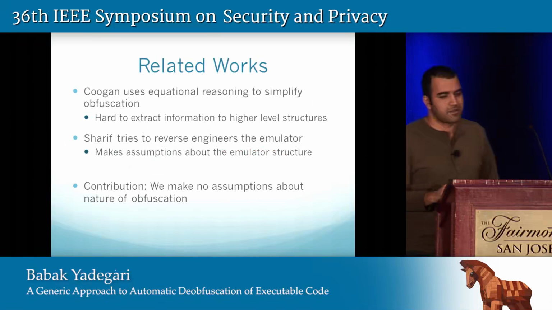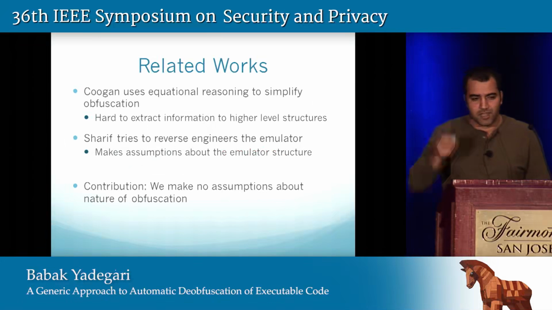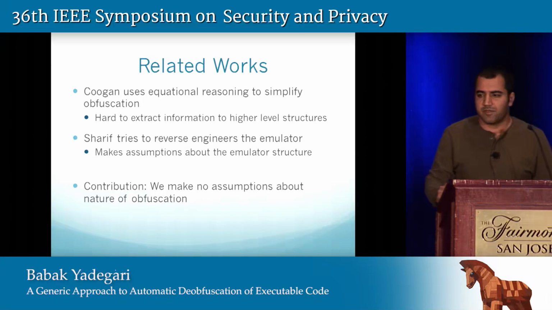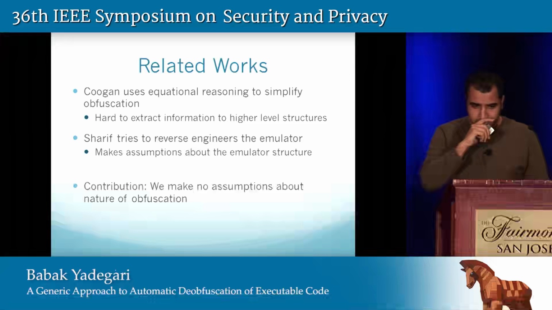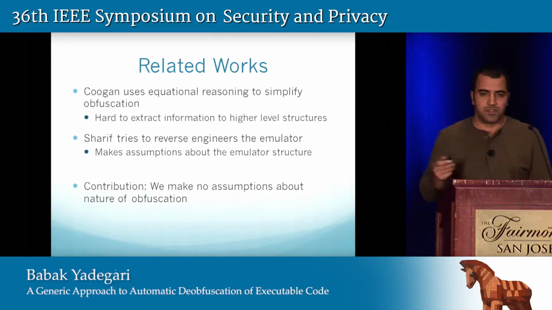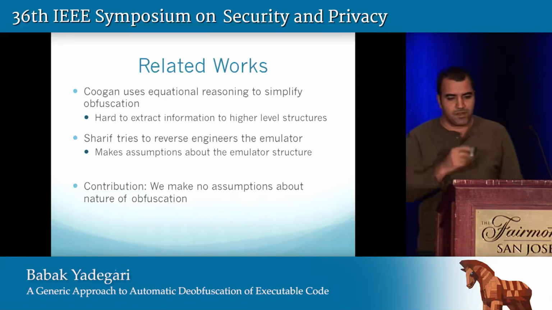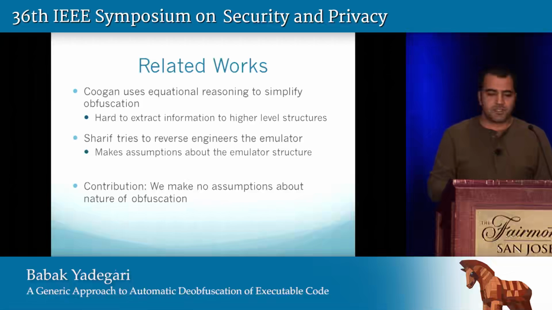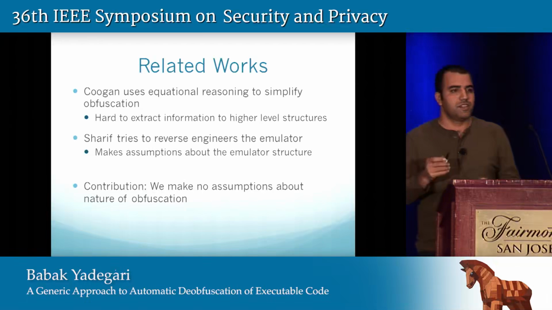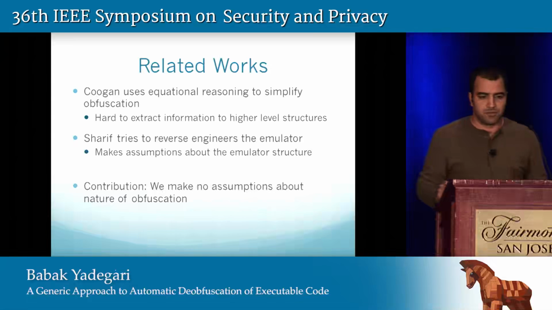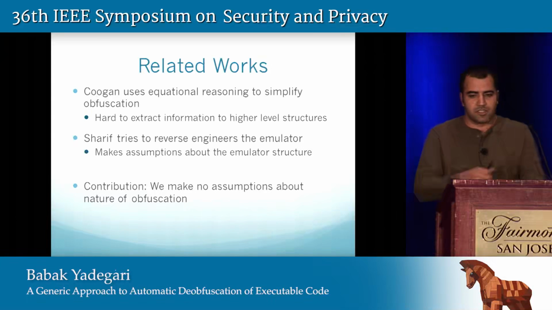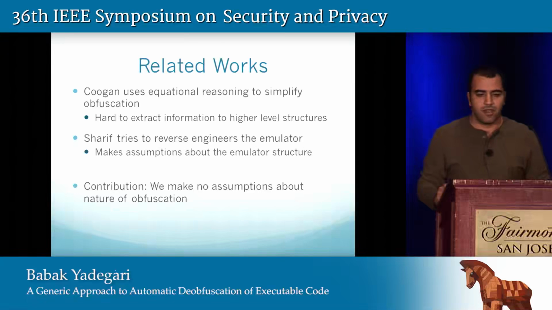There have been a few related works on deobfuscation. I have some of the most relevant here. Kugan uses equational reasoning and assembly level instructions to identify instructions relevant to the original code and to simplify the obfuscations. The problem with this approach is that it is hard to extract higher level information like CFG or syntax trees from the simplified trace. Sheriff uses abstract variable binding to reverse engineer the emulator that was being used to obfuscate.